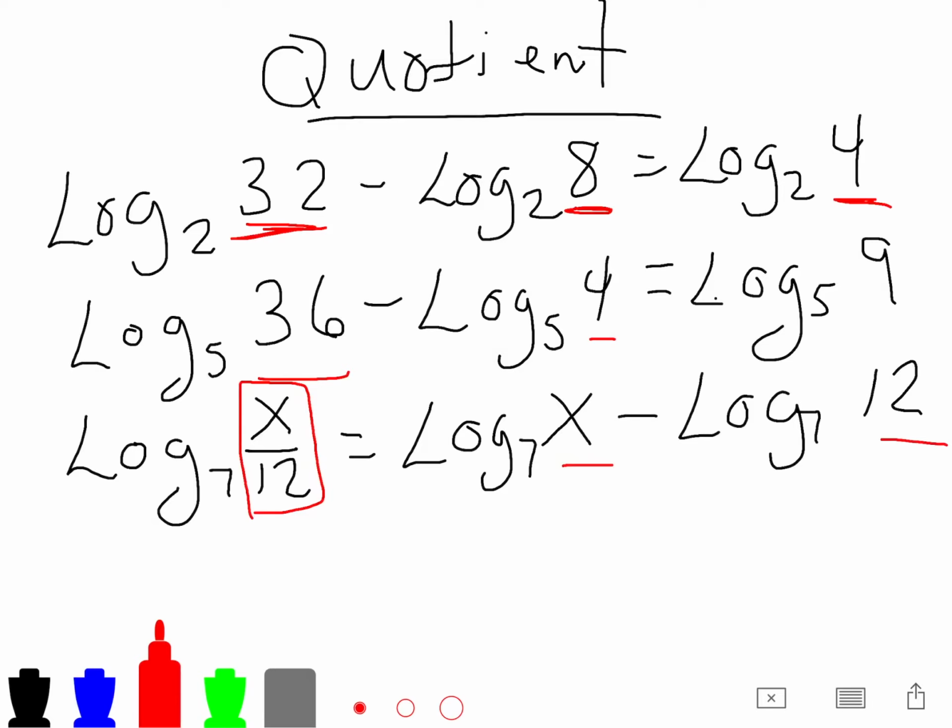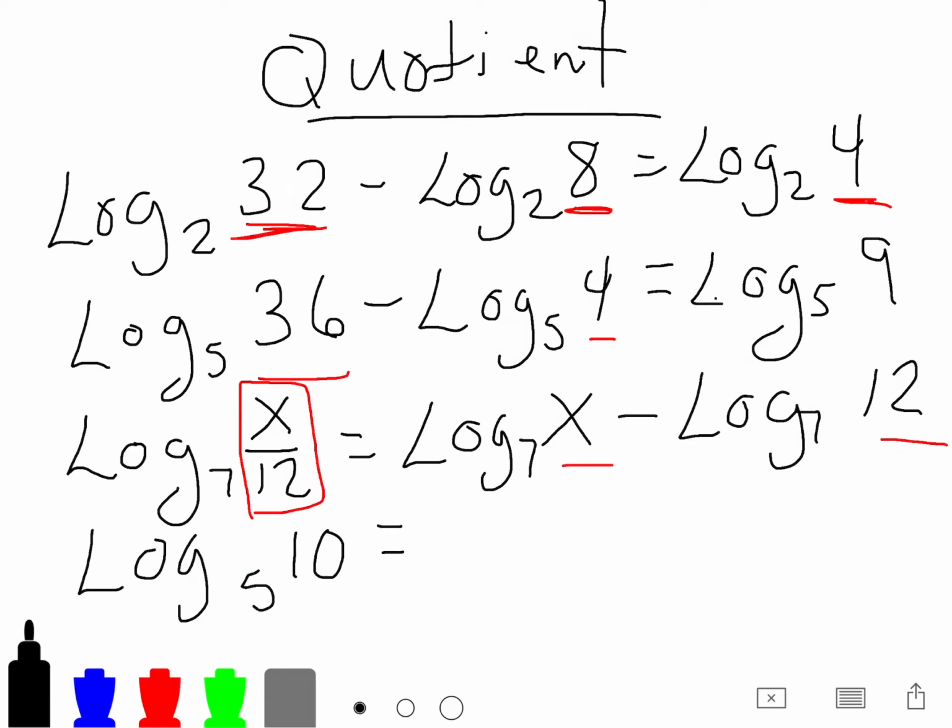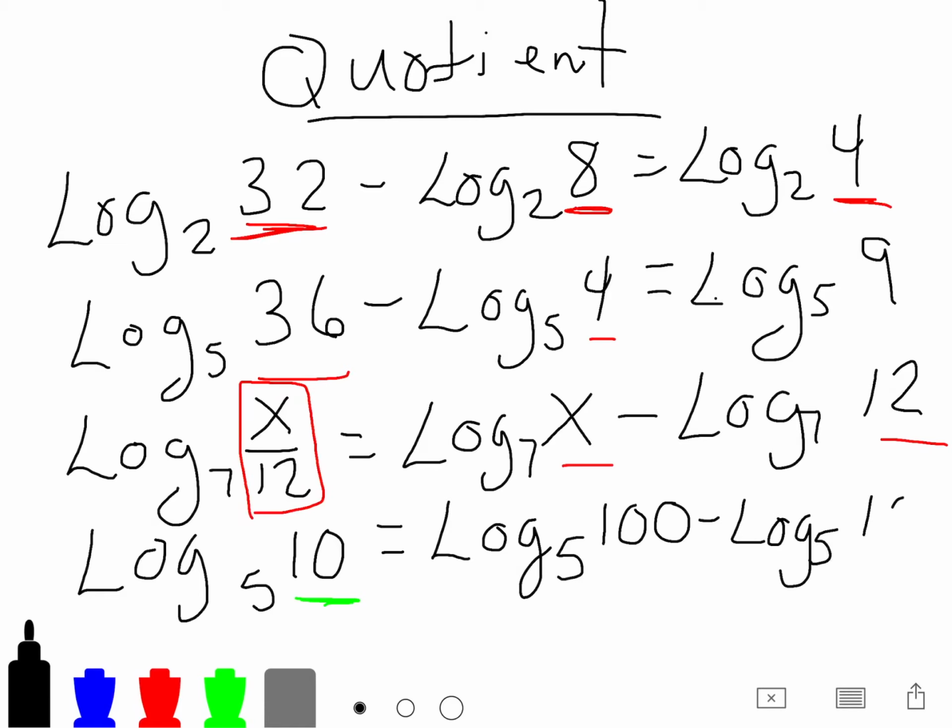However, when you're not given a fraction and it's just an integer, now you can decide what factors you want to use. What factors of 10 do you want to break apart? It has to be two numbers that are going to divide to get you 10. That would be, let's say, 100 and 10, right? Because 100 divided by 10 gets you 10.